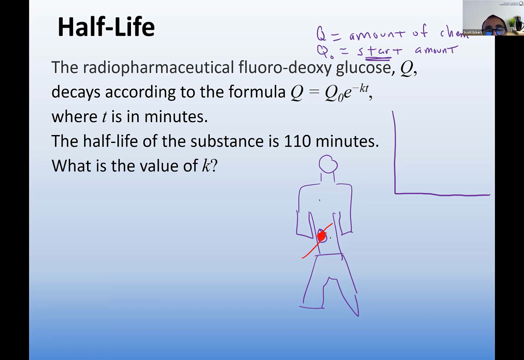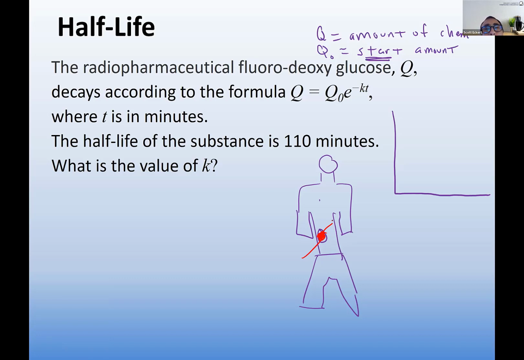It's going to have more sugar. It's going to have more of the radioactive chemical. So when they take the X-ray, they can see a glowing spot here. And that's how they can see if a person has cancer in them, because this radioactive chemical will highlight places where the cancer has been gobbling up the sugar.